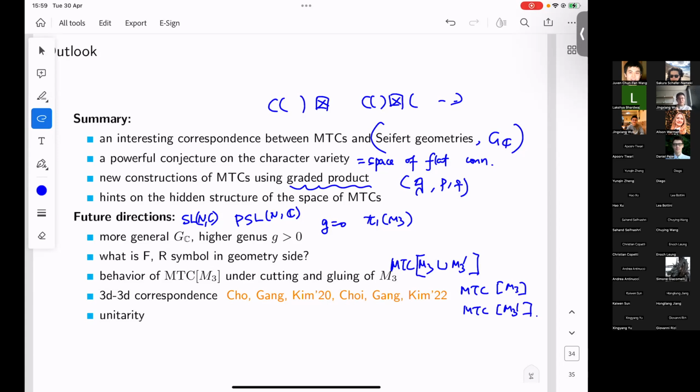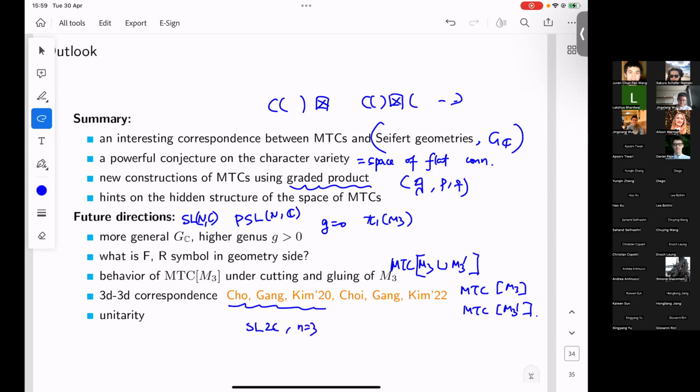And lastly, the original paper was studying the 3D correspondence. They had a similar proposal, so our proposal is different even in the case of SL(2,C) and n equals 3.